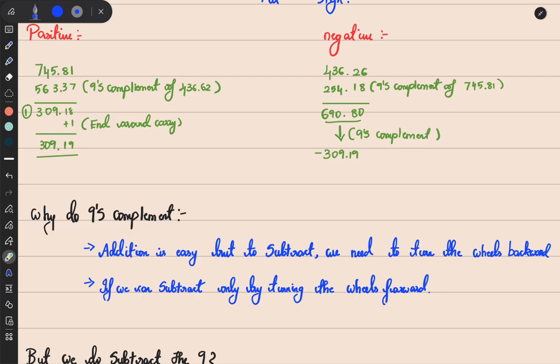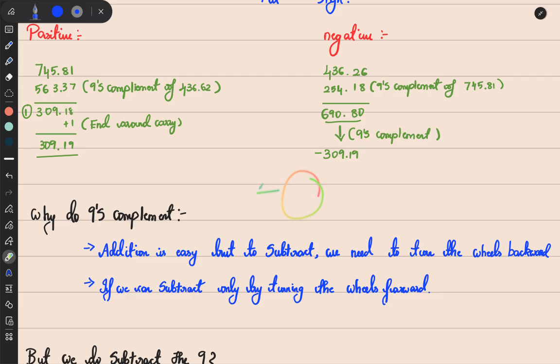Now why do we need 9's complement? Basically, doing an addition operation is very easy, as you only need the wheels to go forward. So for example, there is a machine, and this machine needs to perform both addition and subtraction.